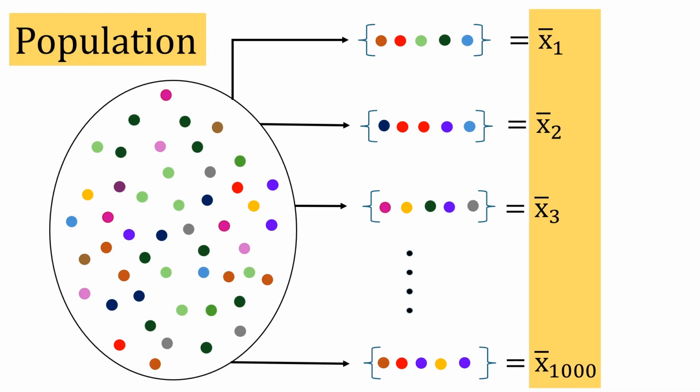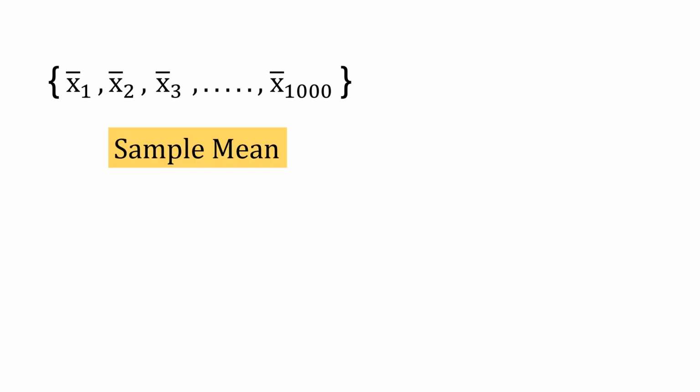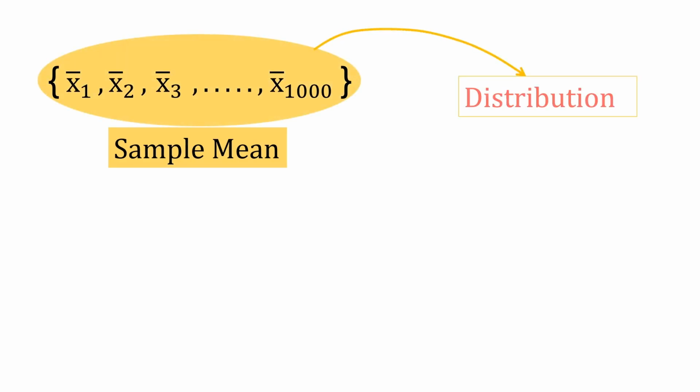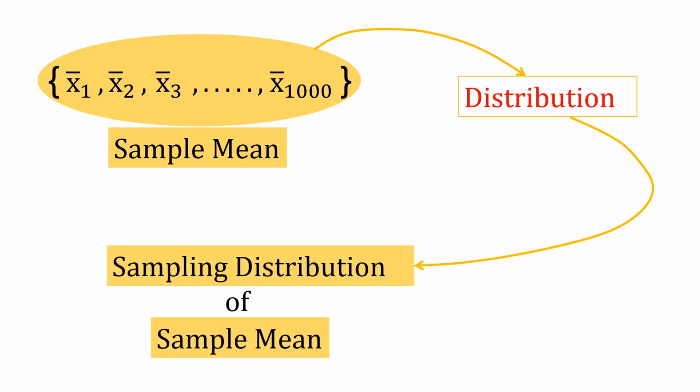Now look at these thousand sample mean values that we got from a thousand samples drawn from the same population.